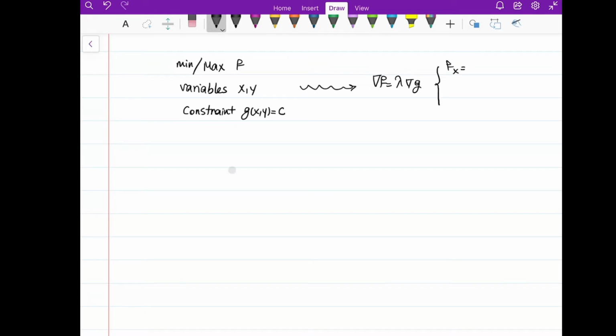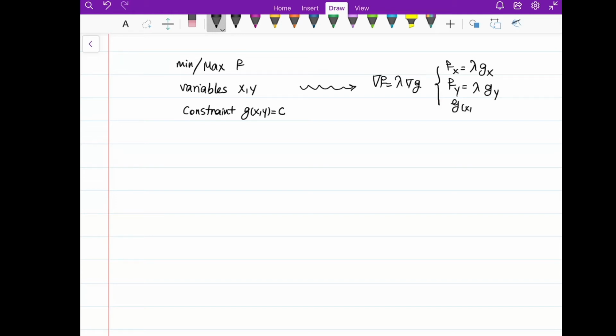Partial derivative of f with respect to x is lambda partial derivative of g with respect to x. Partial derivative of f with respect to y is lambda partial derivative of g with respect to y.